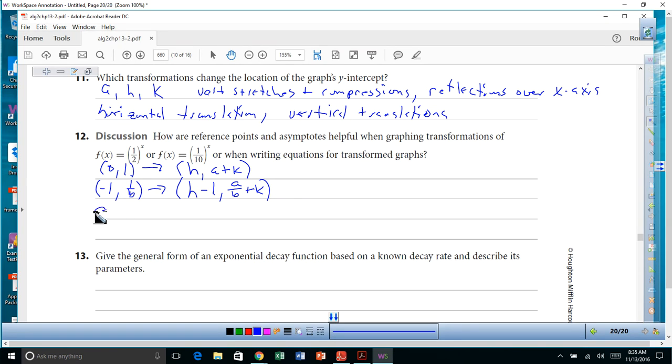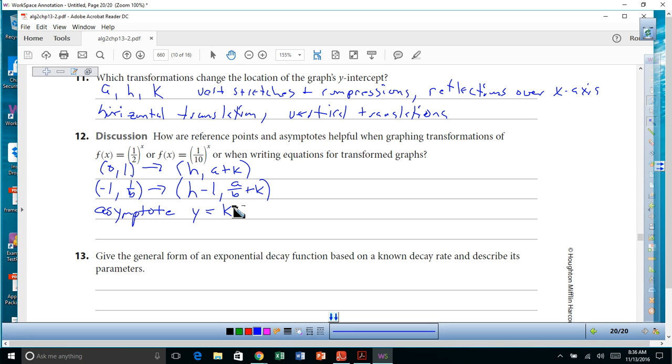And the asymptote is y equals k. Those three things make it super easy to graph an equation, or even find the equation from a graph.